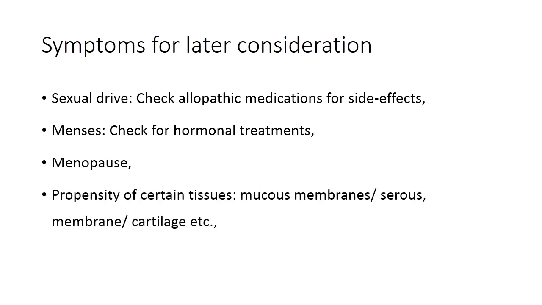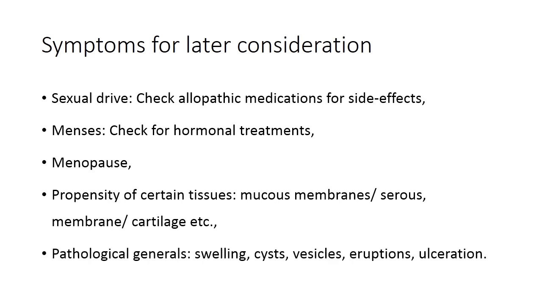And most importantly, you should also consider that many remedies have got a propensity or an affinity for certain tissues. Kali salts, for instance, have an affinity for mucous membranes. Serous membranes are often well treated by bryonia and a few other remedies. Same applies for cartilage. So you must take the tissue into consideration.